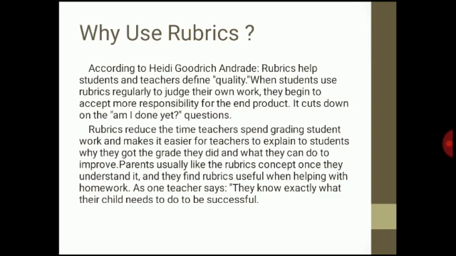Parents usually like the rubrics concept once they understand it, and they find rubrics useful when helping with homework. As one teacher says, they know exactly what their child needs to do to be successful.